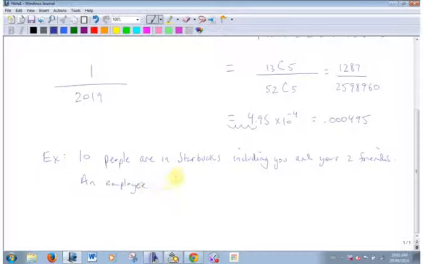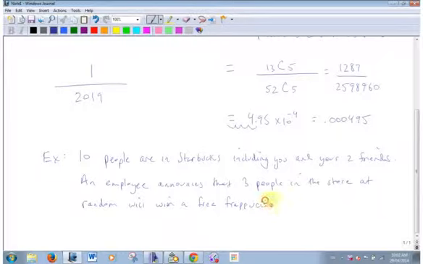An employee announces that 3 people in the store at random will win a free Frappuccino.